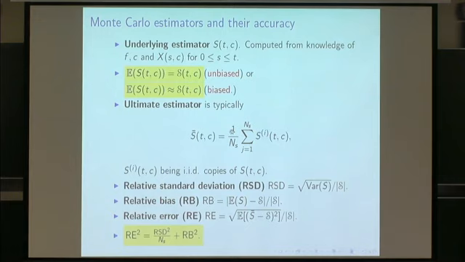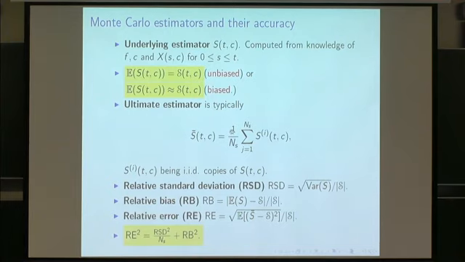So in that case, what is the error? First of all, I want to define three quantities in order to be able to talk about the error. One is the relative standard deviation of the estimator. It's the square root of the variance of this underlying estimator, so the standard deviation normalized by the actual sensitivity, which I assume is not 0.